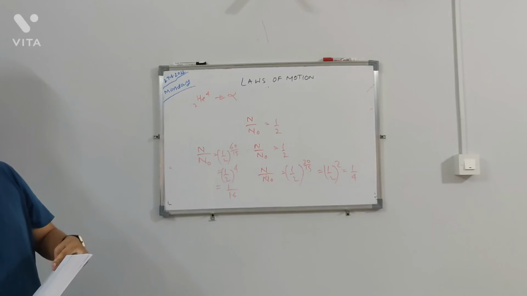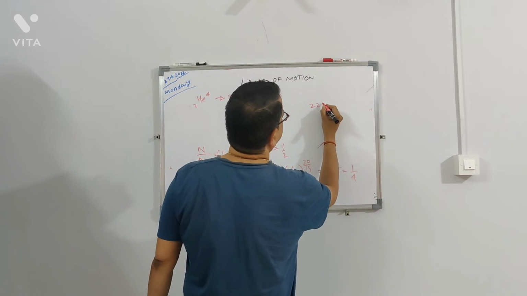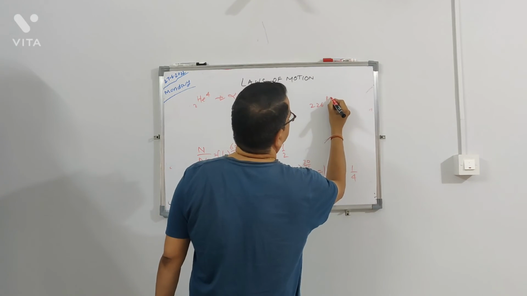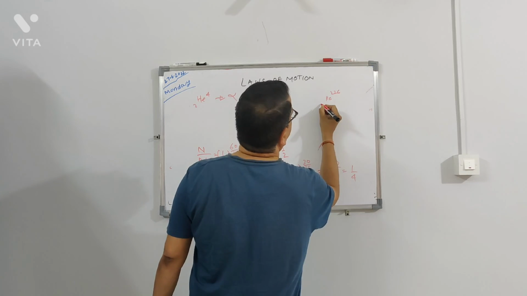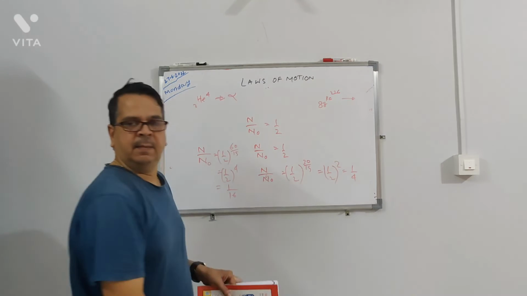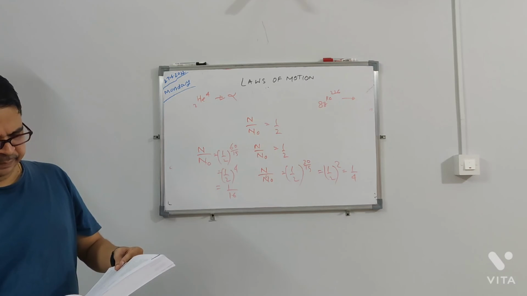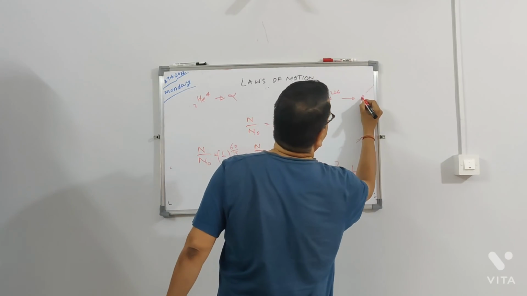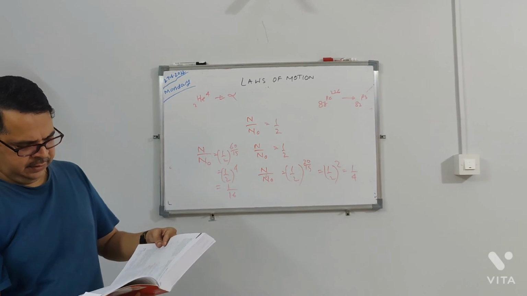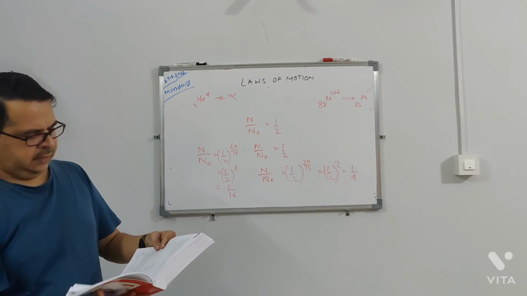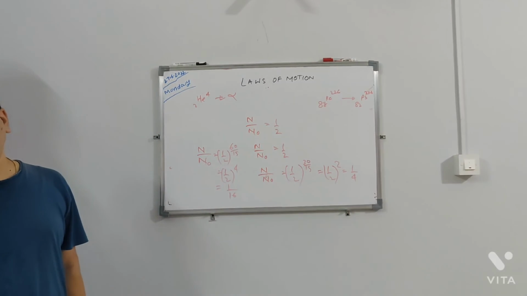Suppose a radioactive element, initially radium 226 with atomic number 88, has become lead, Pb 82, and the mass is 206. So the question is how many alpha rays are emitted.